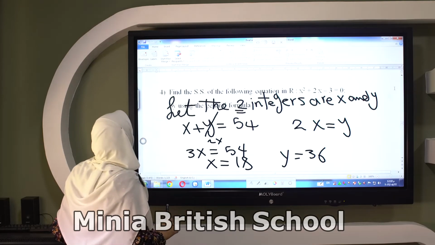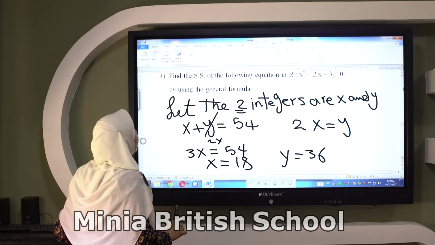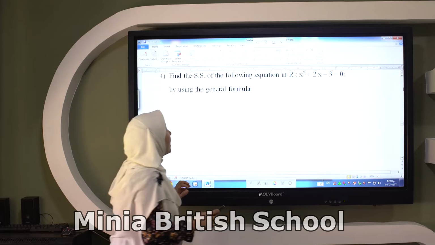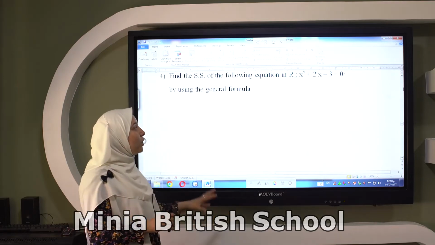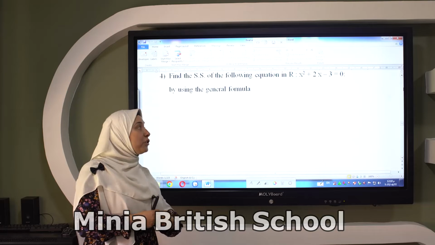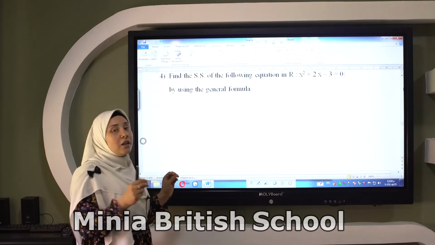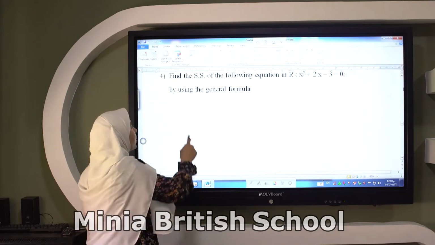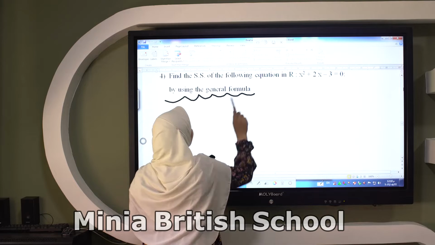Okay. Question number 4. Find the solution set of the following equation in R, where x squared plus 2x minus 3 equals 0. I need to find the solution set using the general formula.